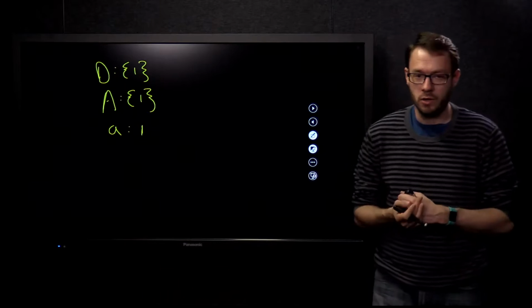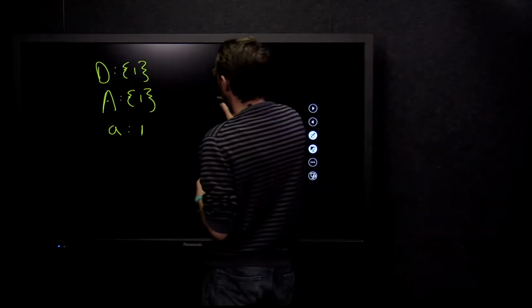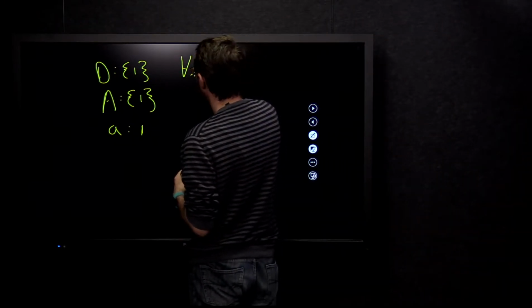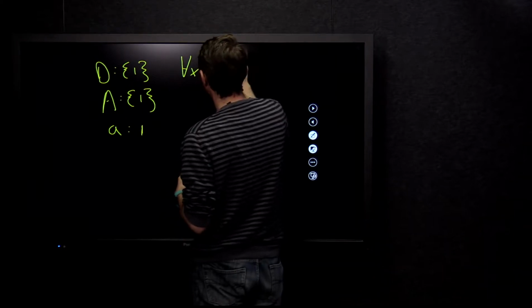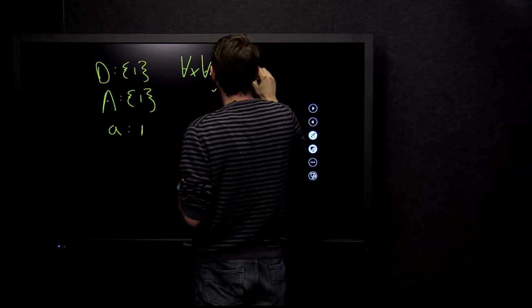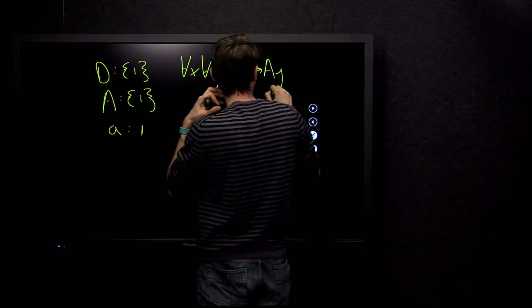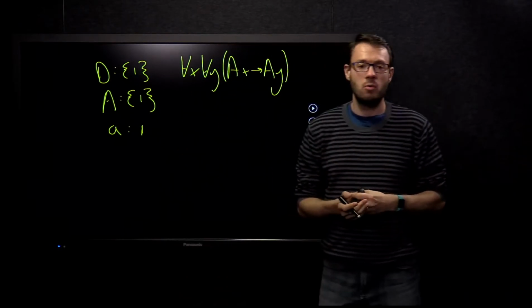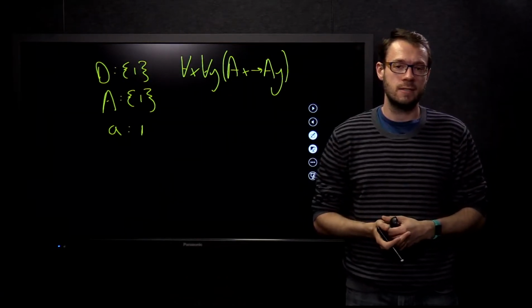It's a very simple model. Now I'm going to look at a sentence which looks something like this, and I'm going to try and work out how to evaluate this type of sentence.